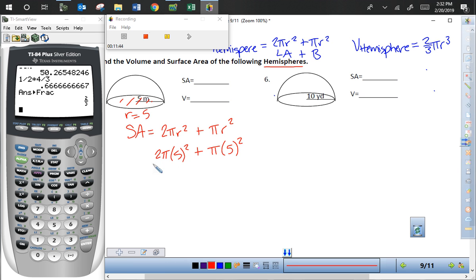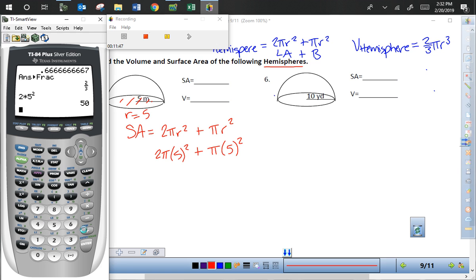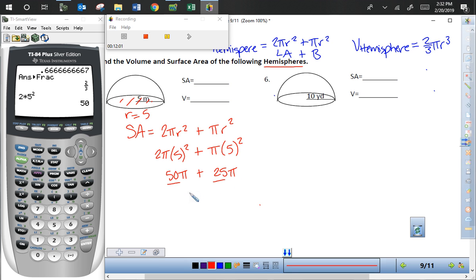We've got 2 times 5 squared, which is 50 pi. And then 5 squared is 25, it's 25 pi. And lastly, we're taking 50 plus 25 for 75 pi. Surface area is 75 pi meters squared.